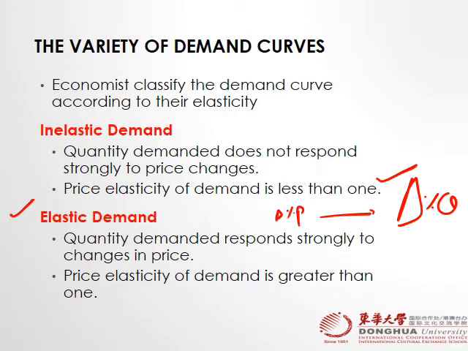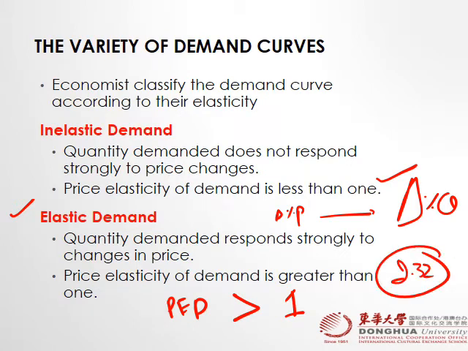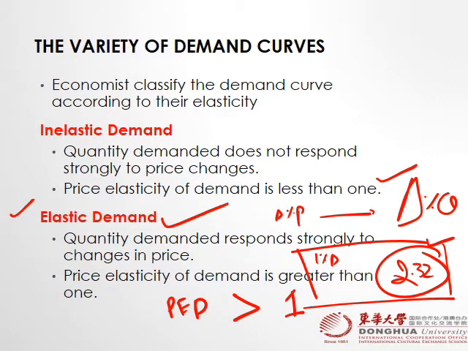In that case, the price elasticity of demand answer would be greater than 1. Like in our previous example, the answer is 2.32. It means a 1% change in price will cause a 2.32% change in quantity, which is greater than 1. We can say that this is elastic demand.